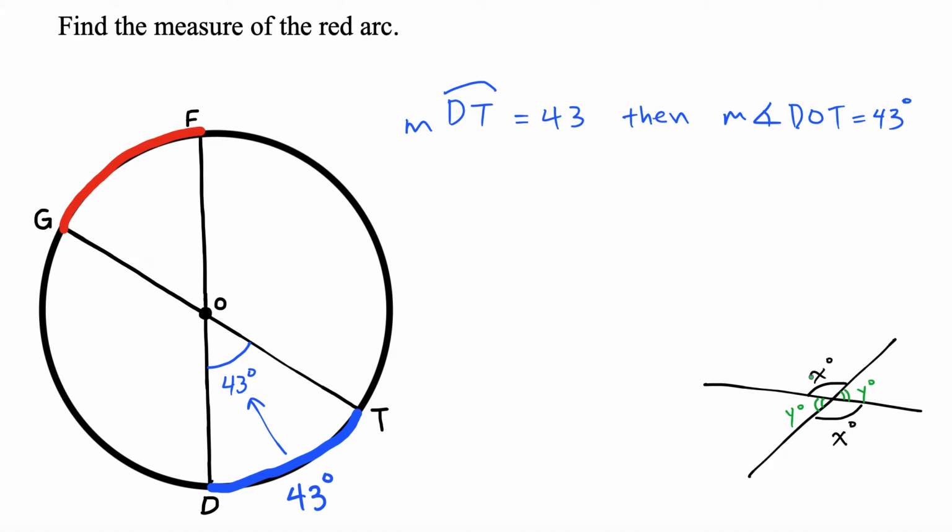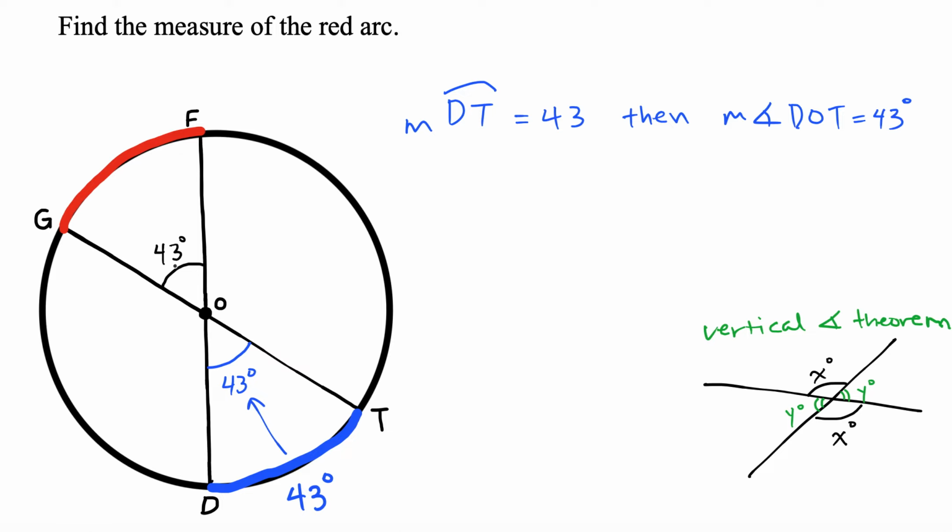So we're going to take this piece of information, the vertical angle theorem, and apply that here. We know that this central angle is 43 degrees, so that means the opposite, or vertical, angle is also going to be 43 degrees.